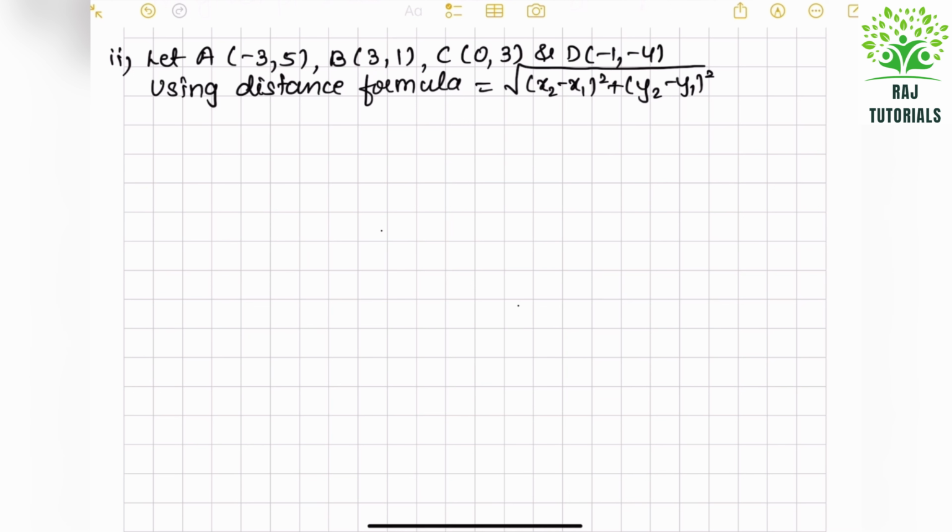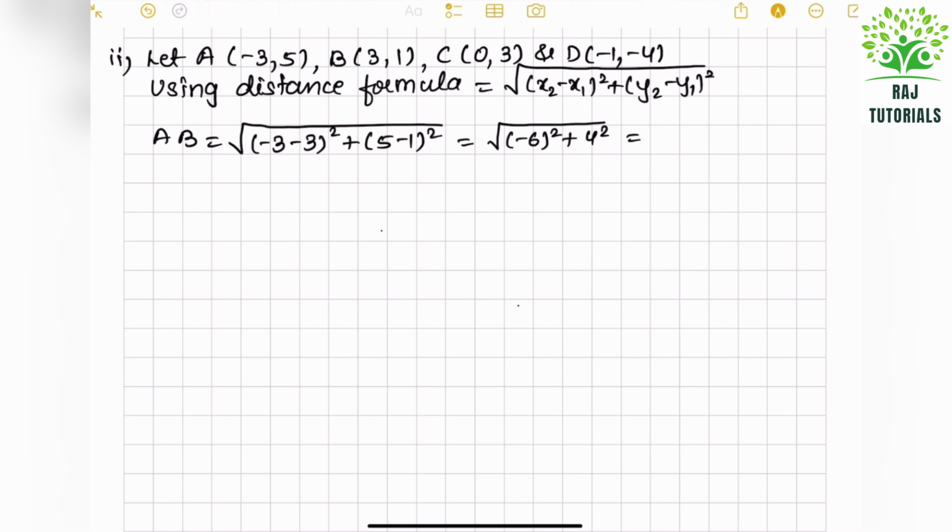Let us find all the distances and then decide which figure it forms. So AB equal to root of (-3 minus 3) whole square plus (5 minus 1) whole square. So that is coming as (-6) square plus 4 square.